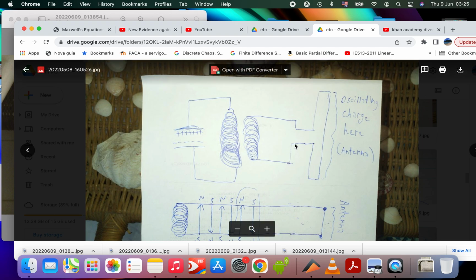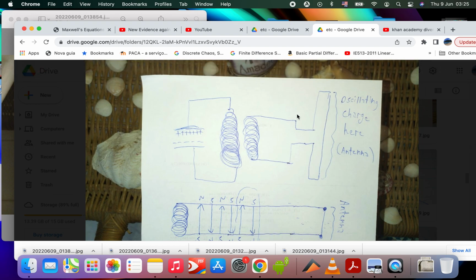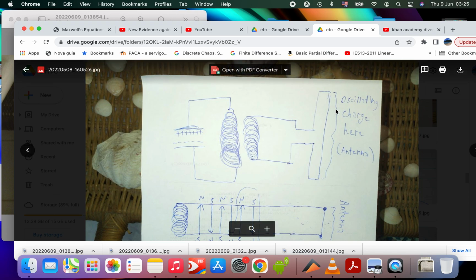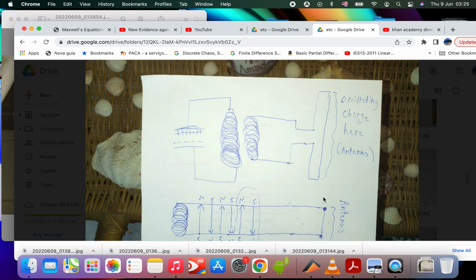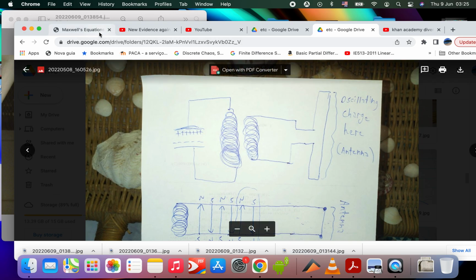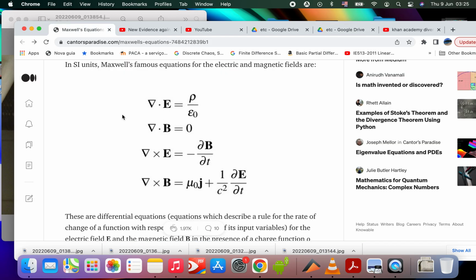We can remember that there's no charge enclosed in any part of this contraption on the right. If we enclose the entire contraption, which includes the antenna, there's not going to be any net charge. There is going to be an oscillating charge, okay? There's going to be an oscillating charge, but there's not going to be any net charge. So that's how we get around the first equation. There's no net charge, so we're enclosing a charge density of 0.